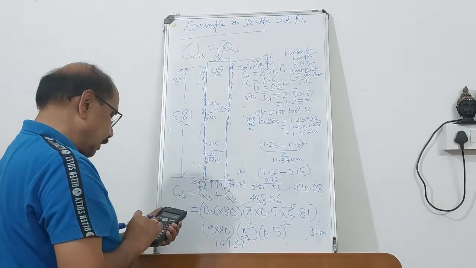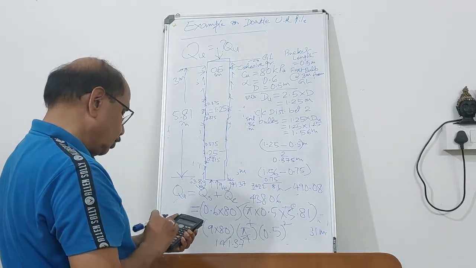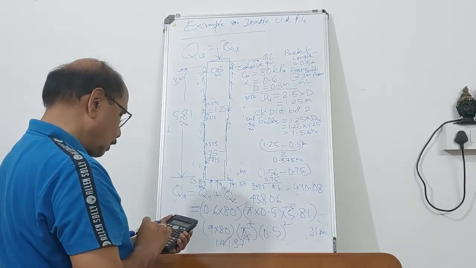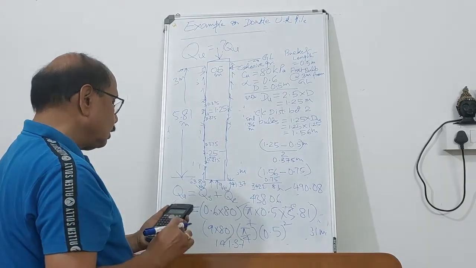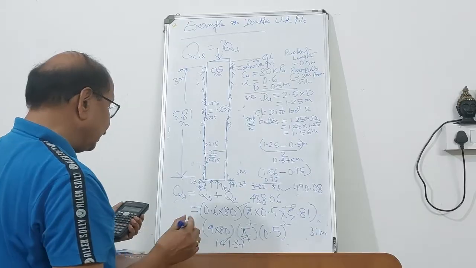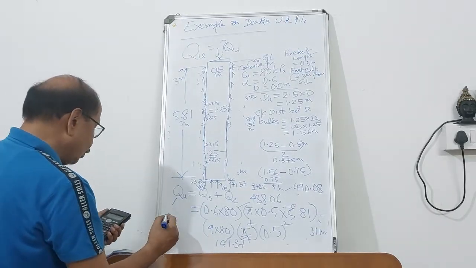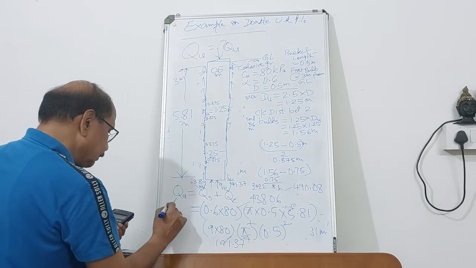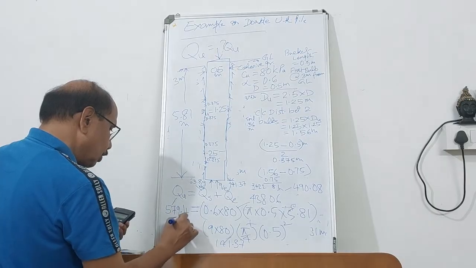So how much total are you going to get? This is 438.06 plus 141.37. So the ultimate load carrying capacity of a normal pile is going to be 579.4 kilonewton.